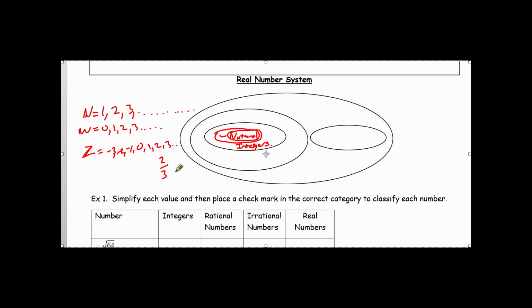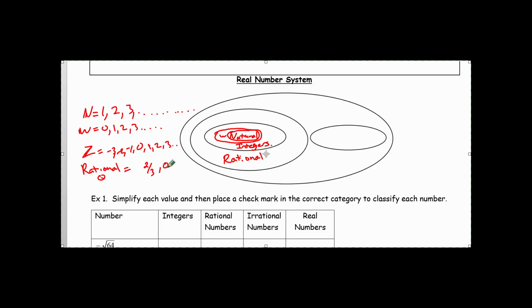That's what's called a rational number. A rational number is Q for quotient. So a rational number is the next circle. Rational numbers are numbers like fractions, like 2/3.